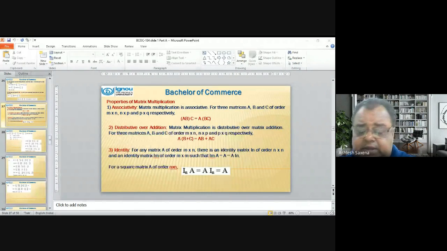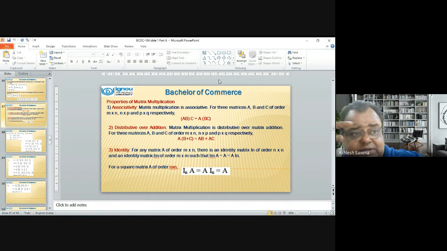It is represented by I_n. I_n is related to the number of diagonal elements, the number of 1s in the matrix.